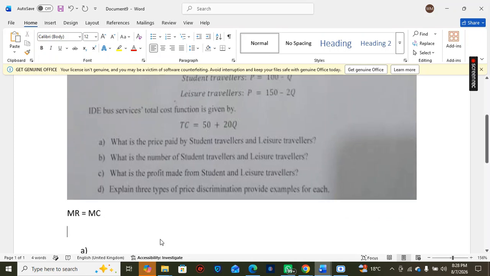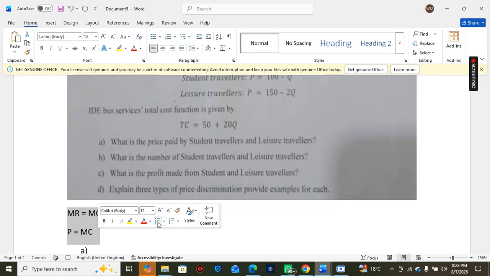For a firm in perfect competition, price equals marginal cost, and in perfect competition, price equals marginal revenue, which equals average revenue. So we need to remember these two.